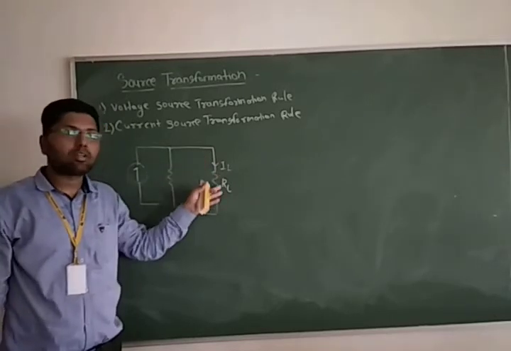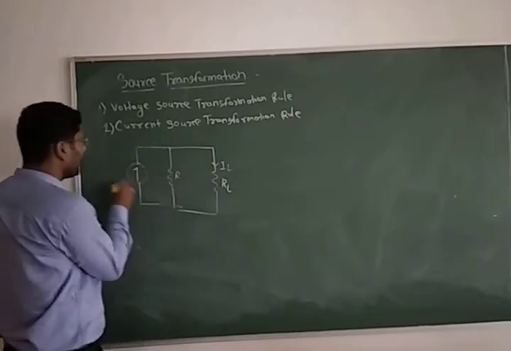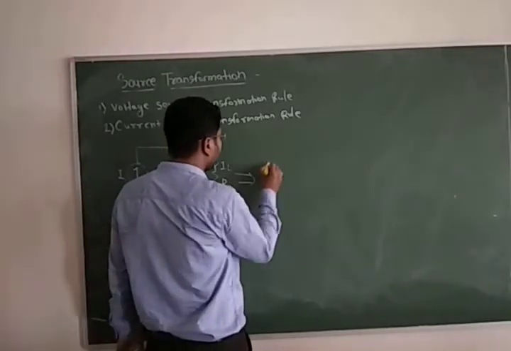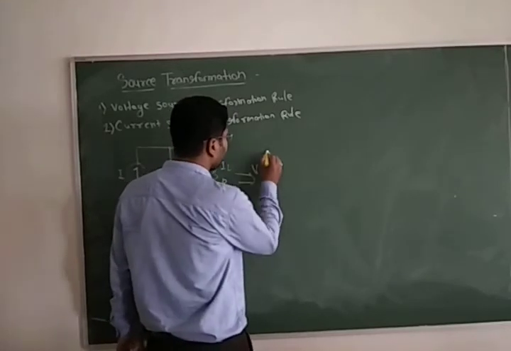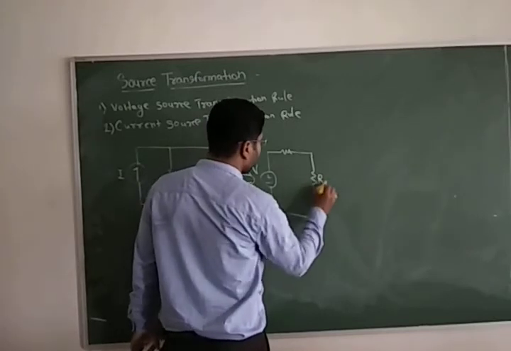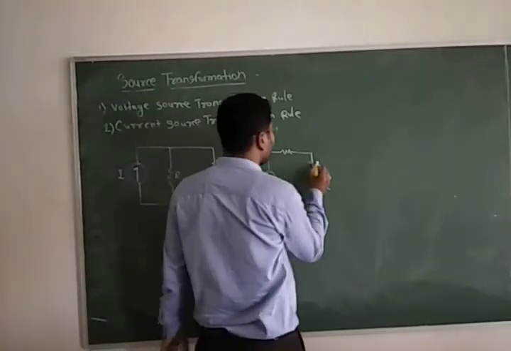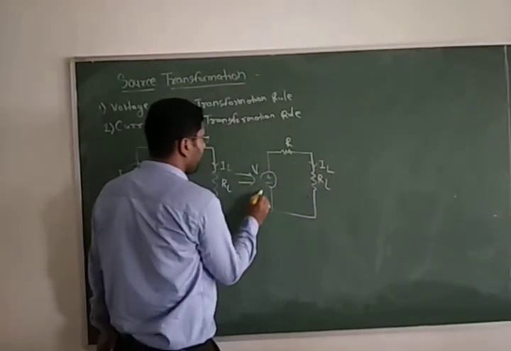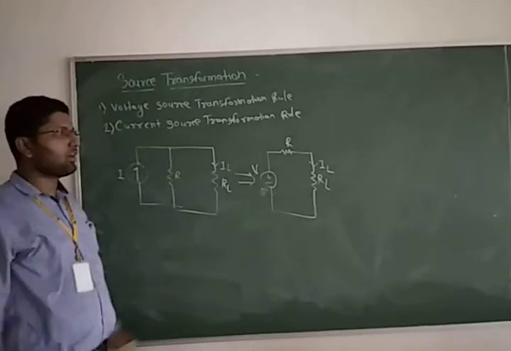If you change it, the load current will change. So here is the resistance R and the current I. So I will convert that into the voltage. Load resistance, load current IL, this is R, and this is the voltage source. So that's how you can convert current to voltage.